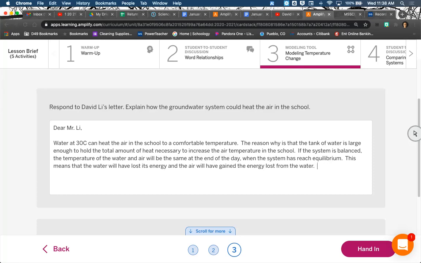The temperature will be the same, and this equilibrium temperature, which means the temperature at the end of the day when the system is at equilibrium, will be somewhere between the 11 degrees centigrade of the air and the 30 degrees centigrade of the water that the system starts with at the beginning of the day.